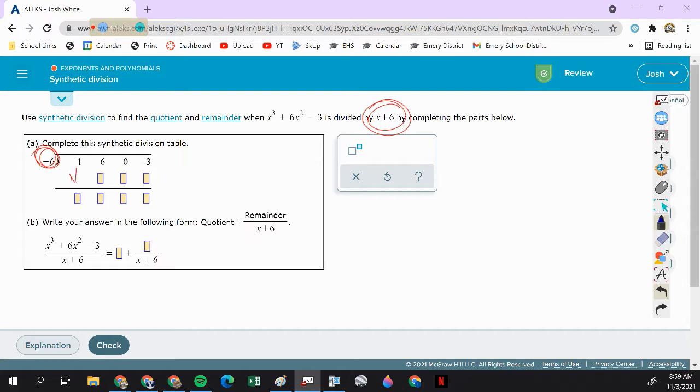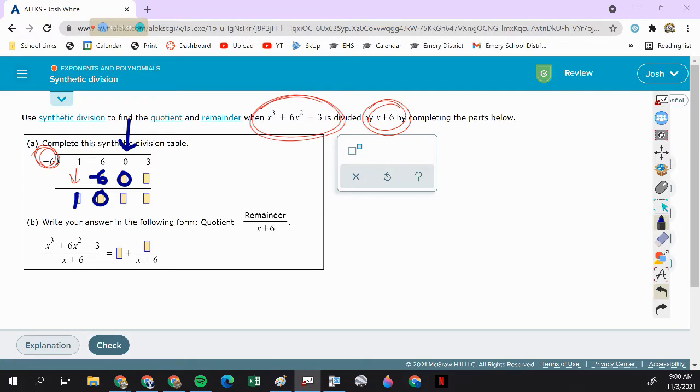And then we drop, so that would be a 1. Negative 6 times 1 is negative 6, which gives me a 0. Negative 6 times 0 is 0. And notice, they put a 0 there. Why? Because there is no x term in the numerator.